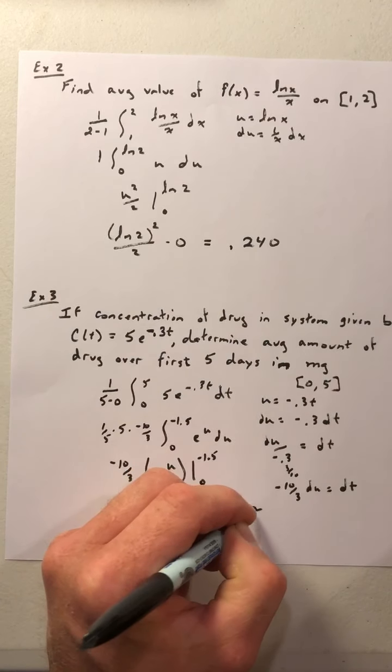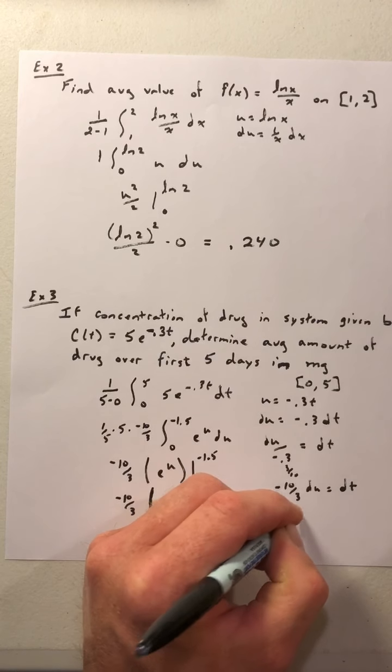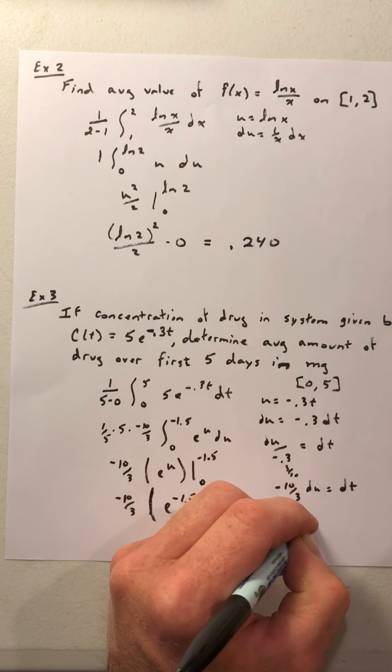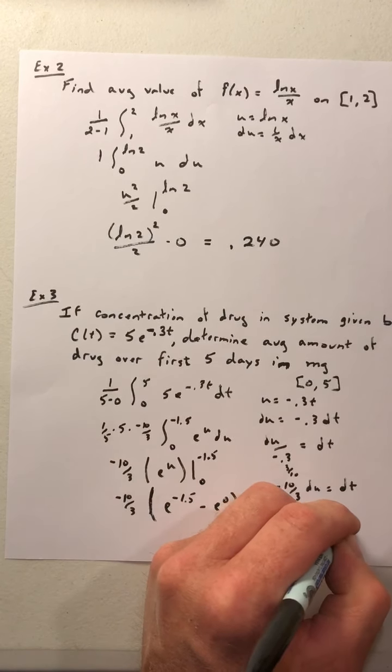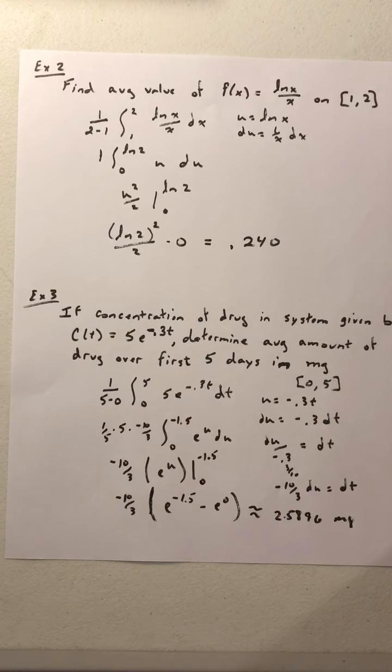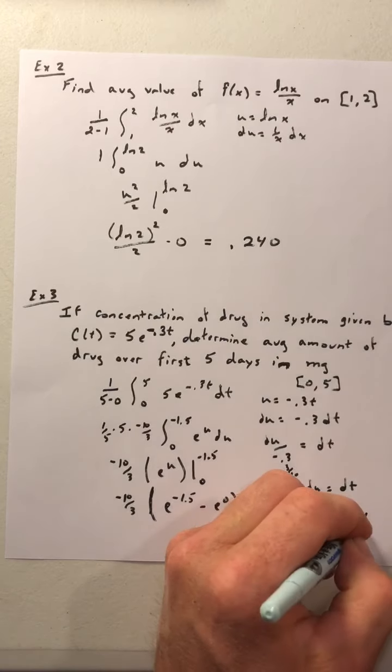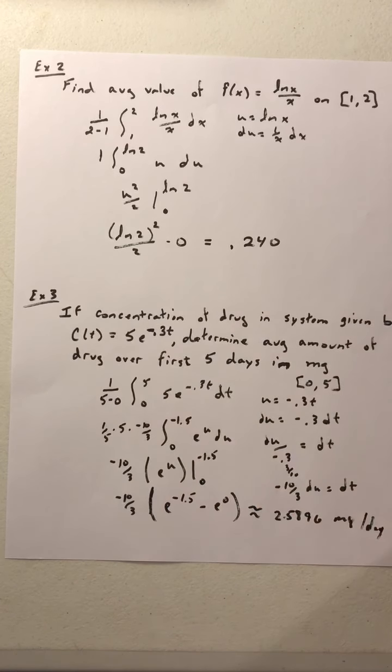And that's going to give us approximately 2.589596 milligrams of concentration per day. And I guess that's per day there. So that tells us the average amount of this drug in our system over those 5 days. Enjoy average value.